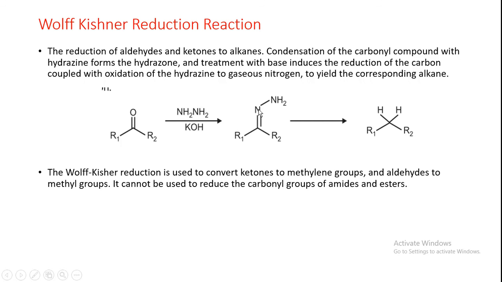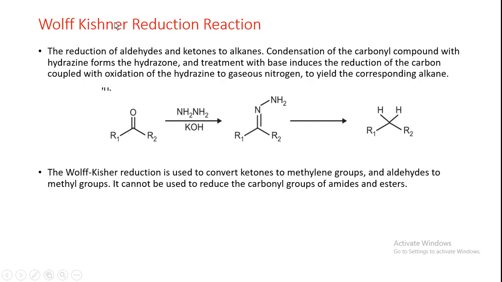So it will convert first to hydrazone, then it will convert to a simple alkane. So in Wolff Kishner reduction, in presence of hydrazine and KOH, potassium hydroxide, at high temperature, your aldehyde or ketone will convert to a simple alkane.